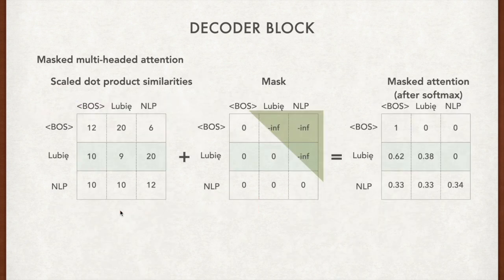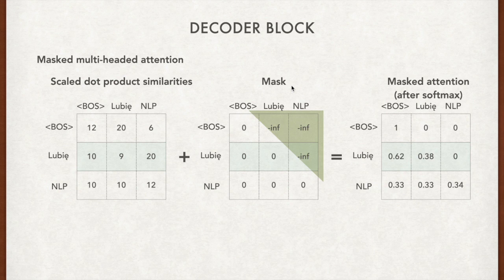When we calculate the attention matrix, we calculate the dot product similarity between the tokens in our decoder. Then we scale them by dividing by the square root of the key's vector length. At this moment, we can introduce an additional operation. We might simply add a new so-called attention mask to the similarity matrix.